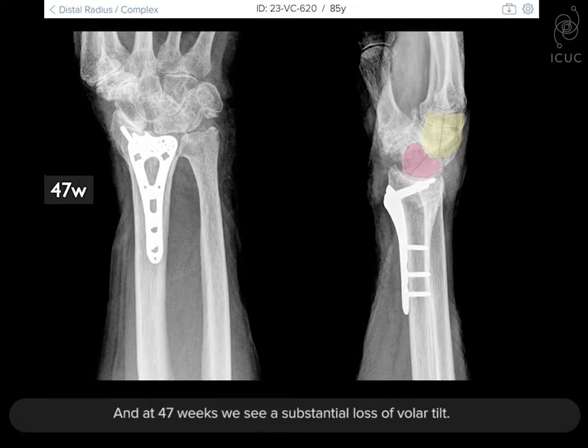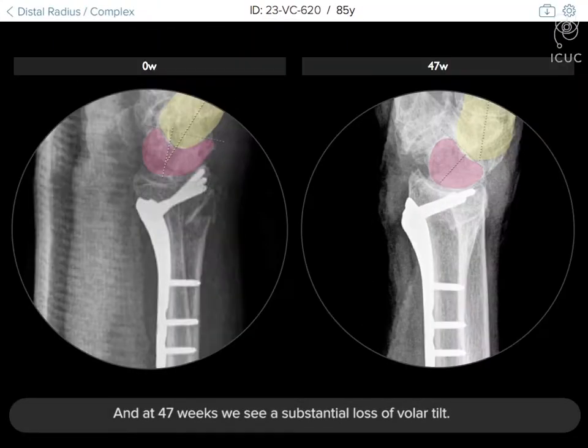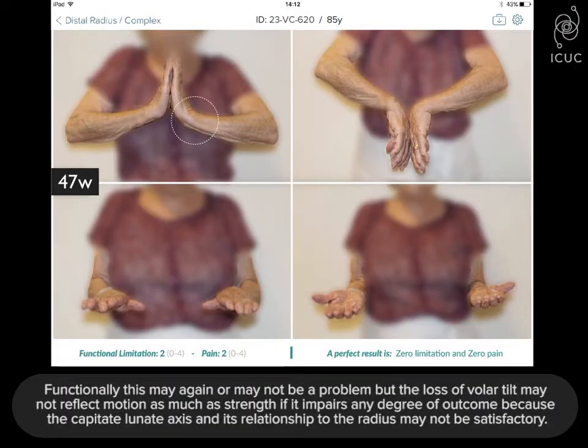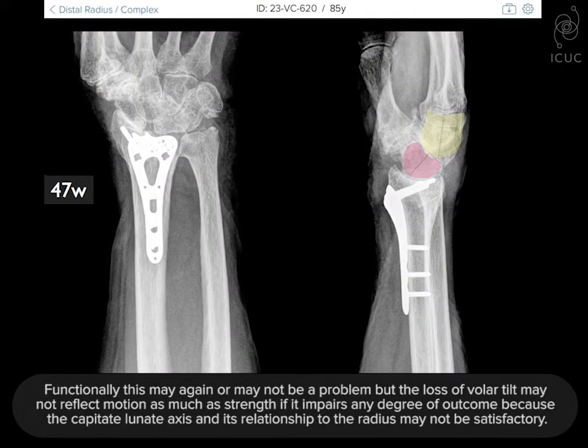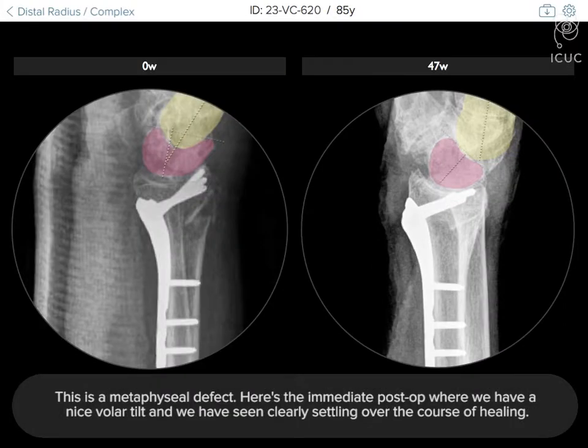And at 47 weeks, we see a substantial loss of volar tilt. Functionally, this may, again, or may not be a problem, but the loss of volar tilt may not reflect motion as much as strength if it impairs any degree of outcome, because the capitate lunate axis and its relationship to the radius may not be satisfactory.